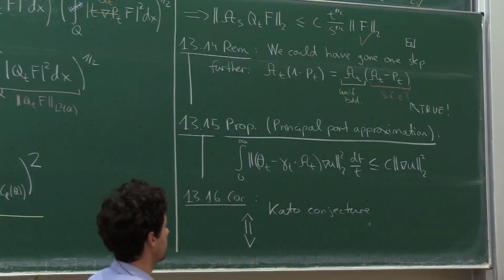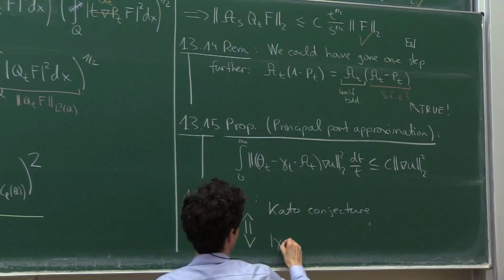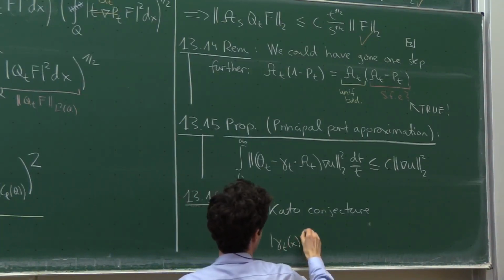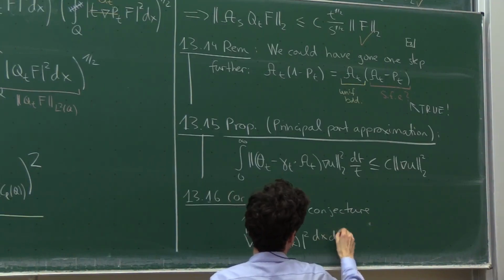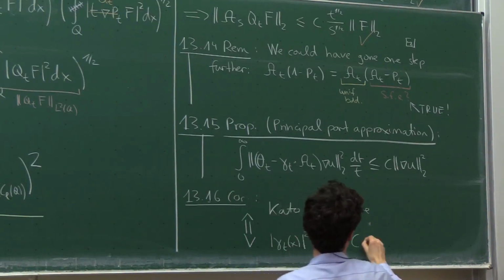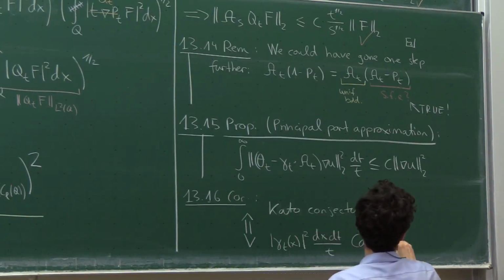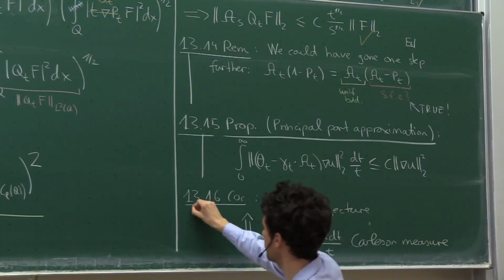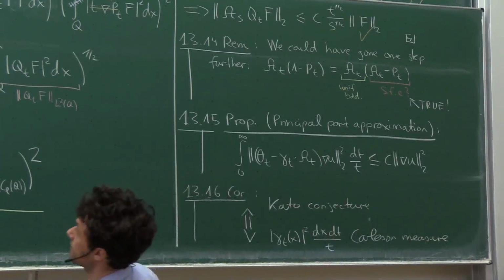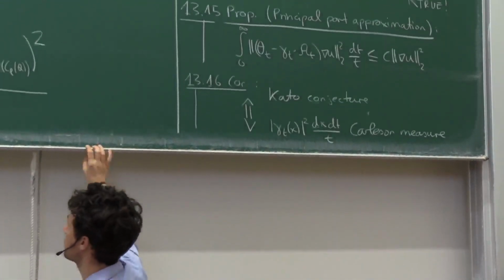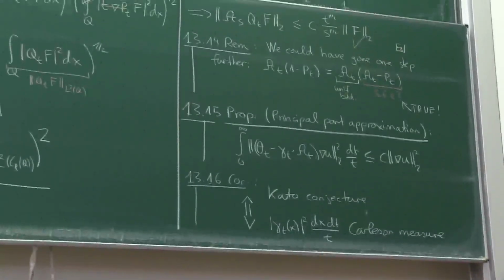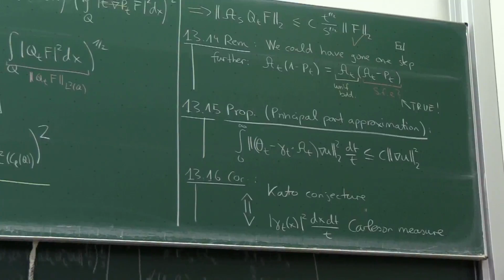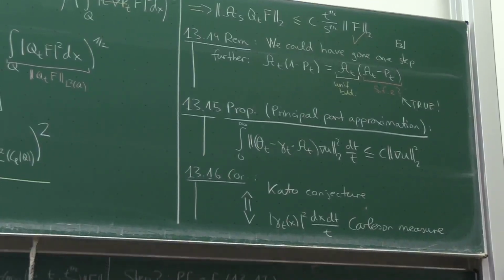Equivalently, I claim I need to show that |gamma_t(x)|^2 dx dt over t is a Carlson measure. Okay, that was precisely the idea in the results of Christ, Journé, and Semmes.